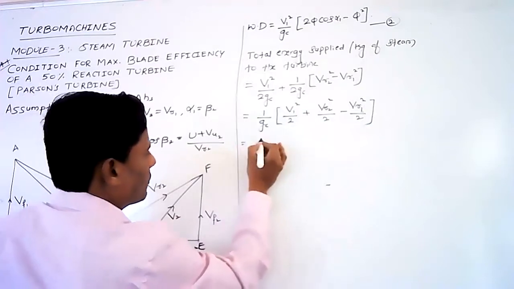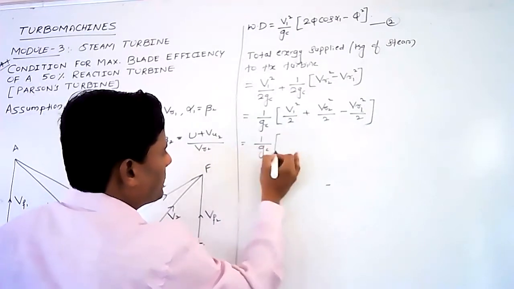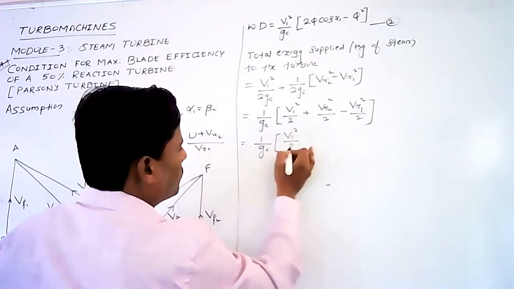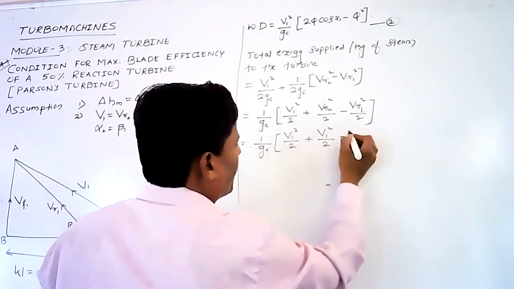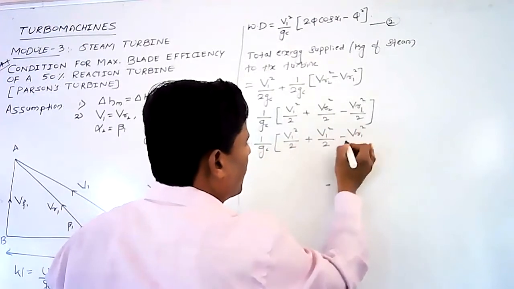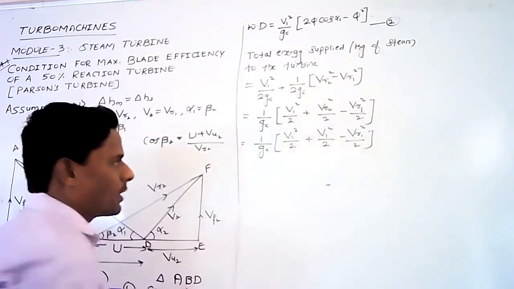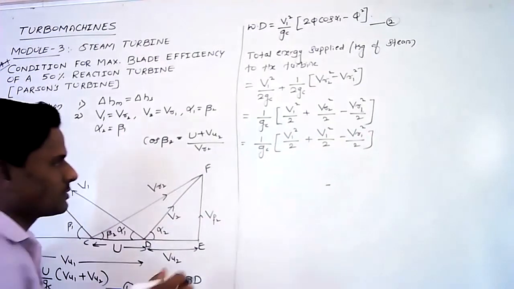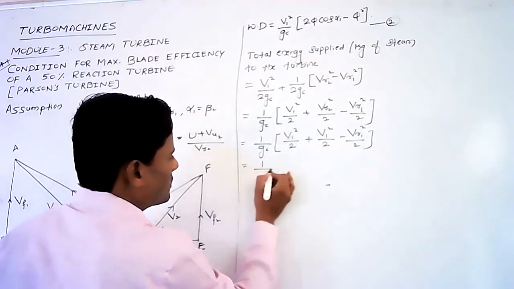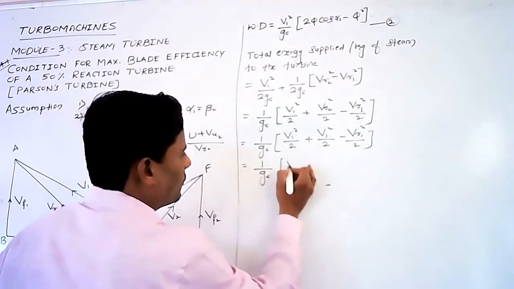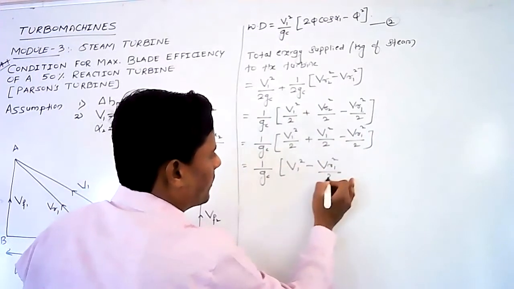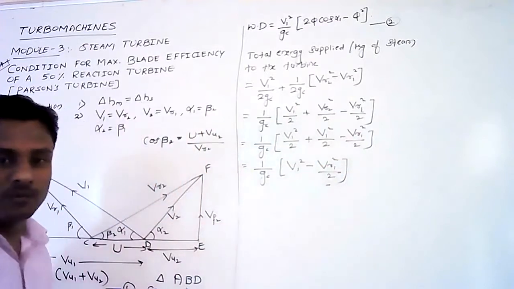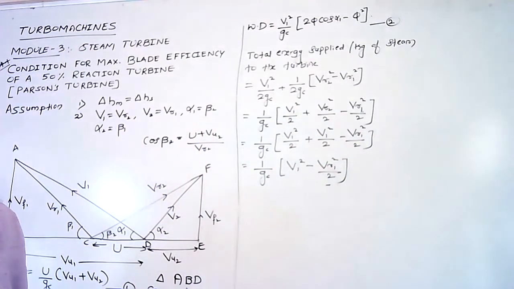So we can write 1 by gc times V1 square by 2 plus again V1 square by 2 minus VR1 square by 2. V1 square by 2 plus V1 square by 2 will be only V1 square. So 1 by gc as it is, V1 square minus VR1 square by 2 as it is. I hope this is clear.